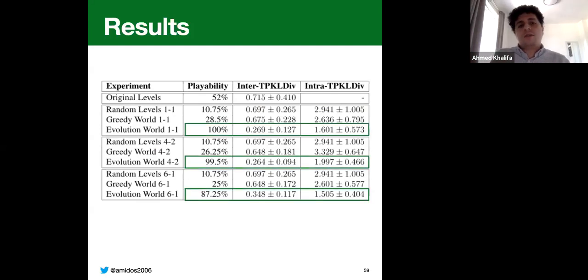As we can see, only the evolution was able to find almost 100% playable levels, while the others are bad at finding playable levels. But at the same time, we also measured how diverse the generated levels are over different runs, and we found that with our evolution algorithm, the generated levels are not diverse enough between each other.